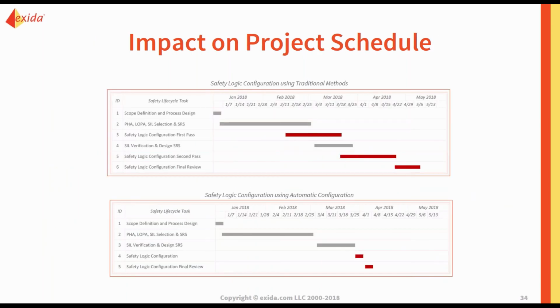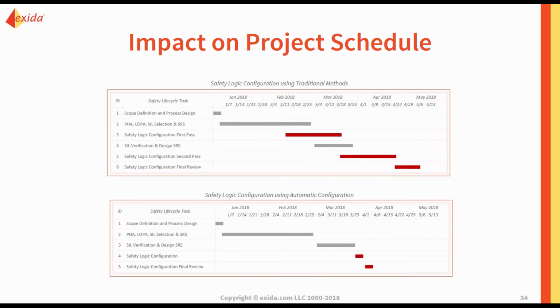I did put together a Gantt chart, and this does not pertain to the test case, but it does pertain to what we expect in a different test case you could do with a larger project and optimizing the time saved. And so, as I said earlier, many people start configuration of their safety logic in the analysis phase.